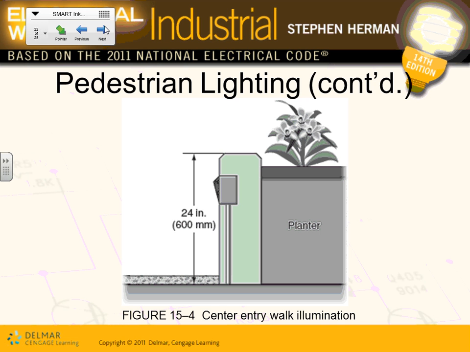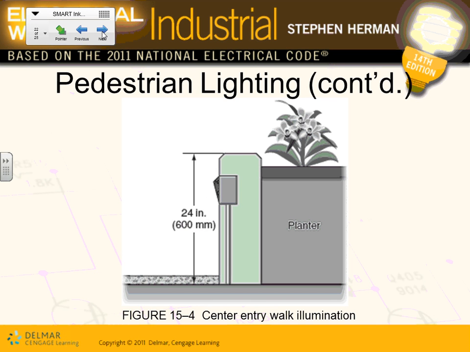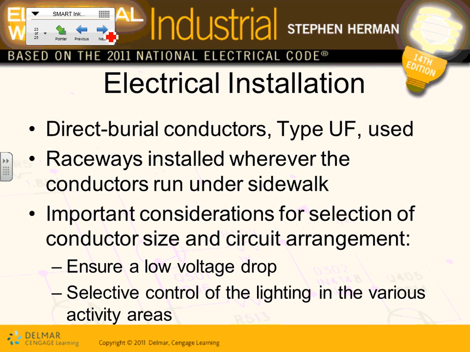Here are a couple of considerations in different locations where you can do pedestrian lights or walk illumination. Here's one option, up to 36, and here's another option, 24. If you're in Minnesota, what do you pay attention to here? The snow, right? So if you put your lights in one location, typically they should be a little bit high, at least 2 feet or higher, to get you enough light.